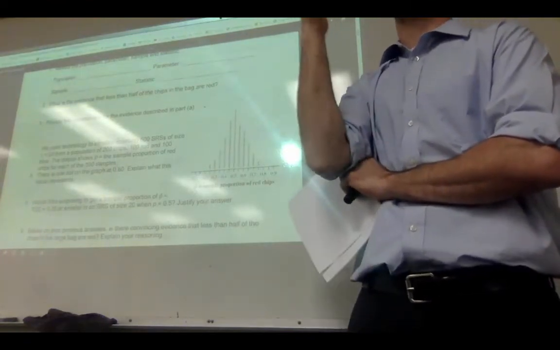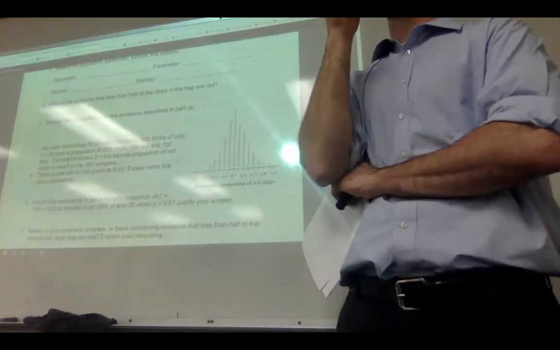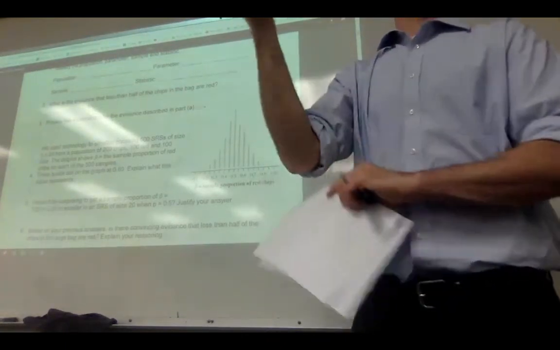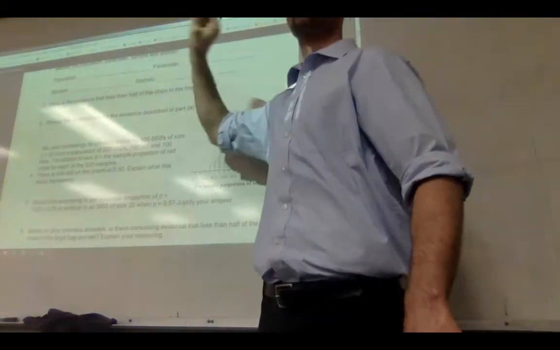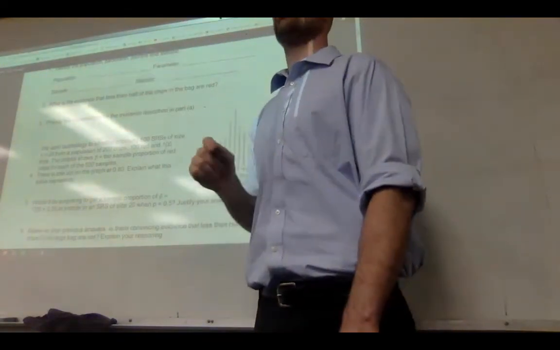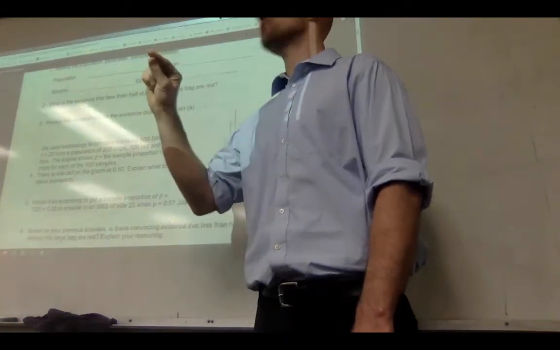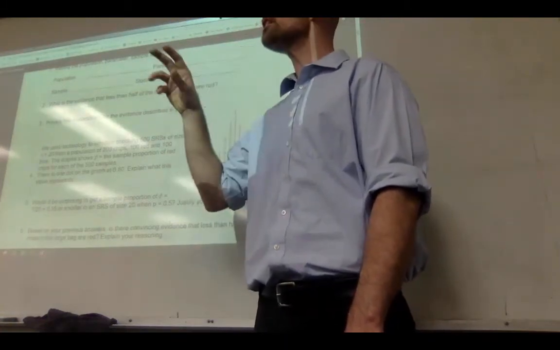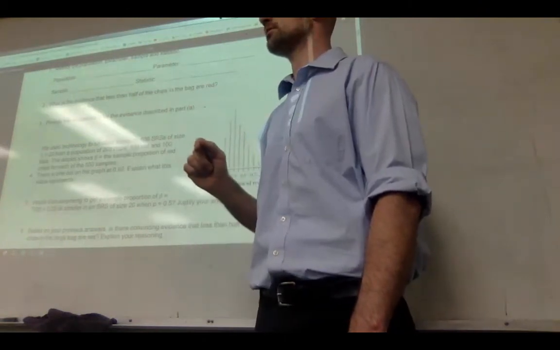We're looking for the proportion of red chips. So now everything I'm measuring with parameters and statistics should be related to the proportion of red chips. You can even write that in the margin. Everything you're looking for in this problem is related to the proportion of red chips.